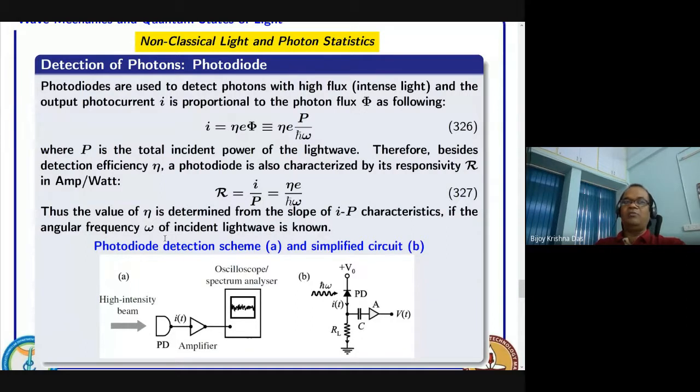Then only will you be able to reproduce whatever small signal comes, even if a single photon comes, you can get it as a signal, because noise can be eliminated.